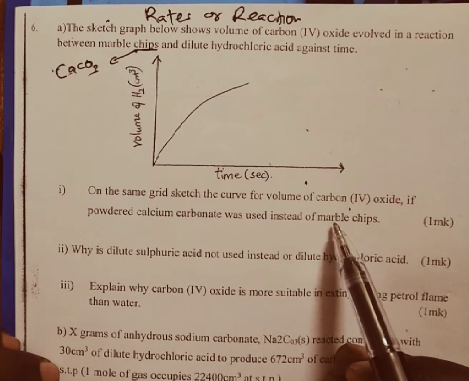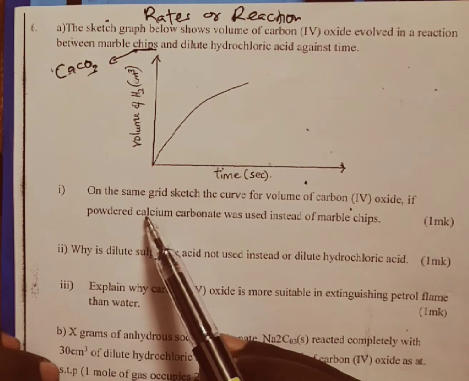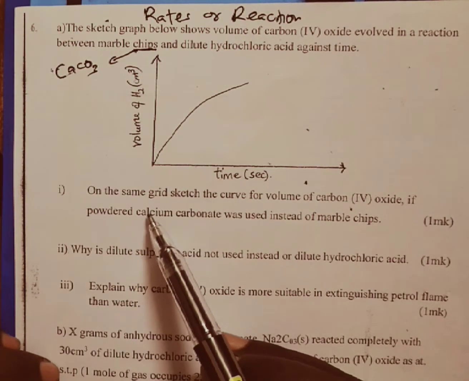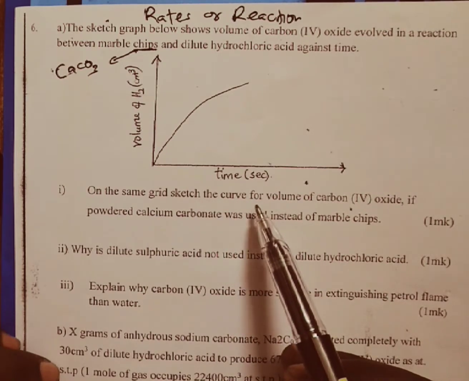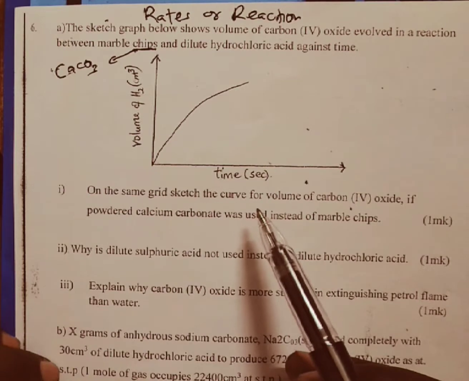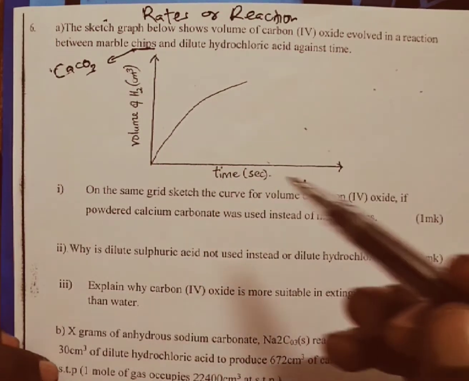of marble chips. Remember, powdered calcium carbonate increases the surface area of contact with dilute hydrochloric acid, and therefore the reaction is going to be faster. Hence, it will take a shorter time for it to come to a completion.